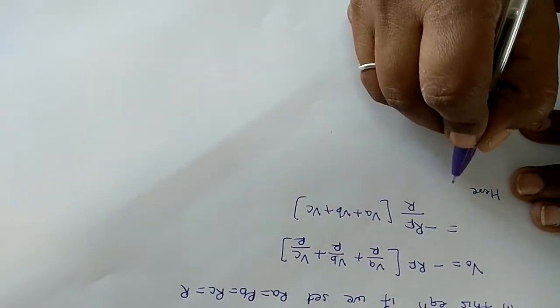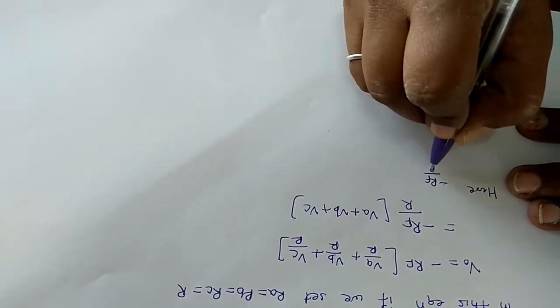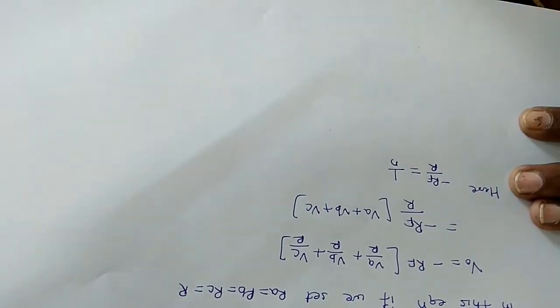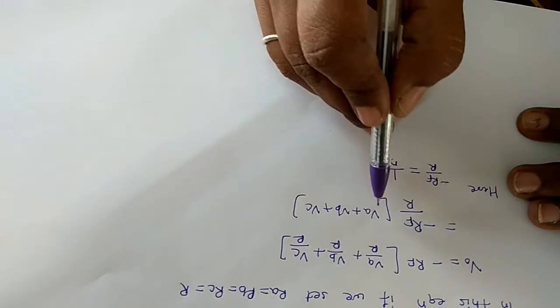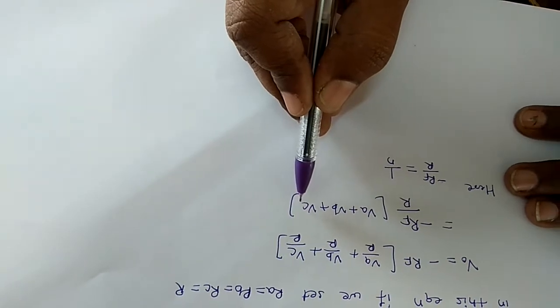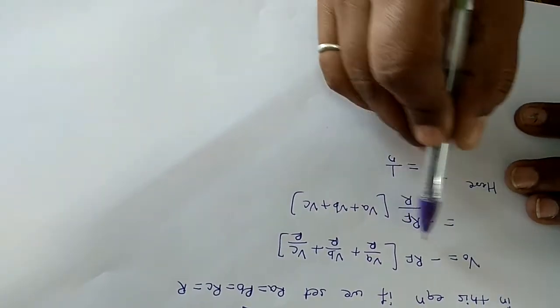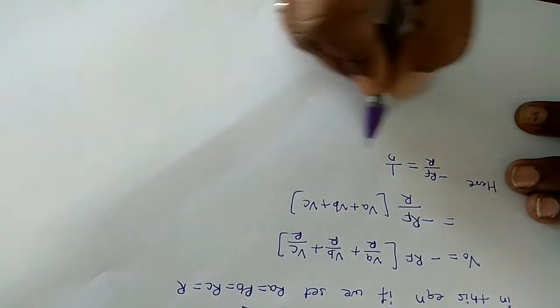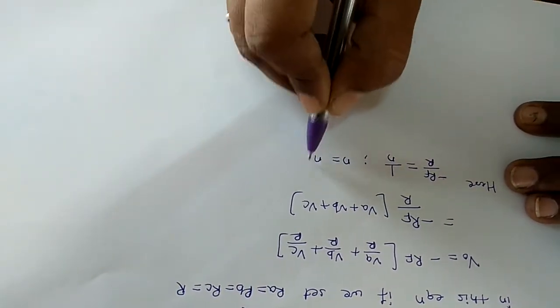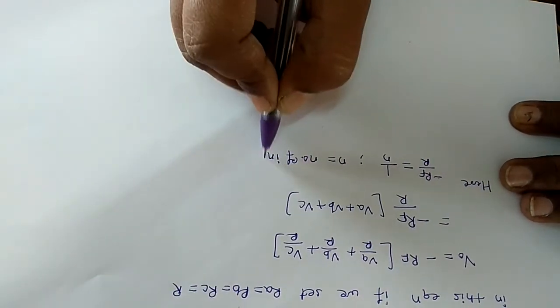Here we have to set minus RF by R is equal to 1 by N. Already the summation of all input signals we obtained here. We have to set this gain factor as 1 by N, where N is the number of inputs.